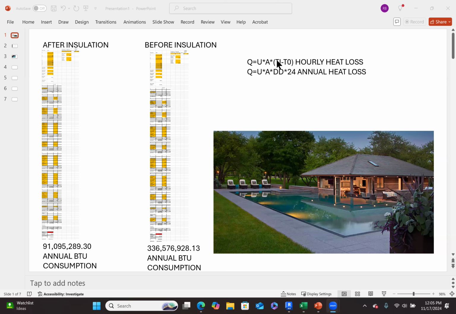And TI is the temperature inside, and TO is the temperature outside. The annual heat loss formula that I used was similar. It's the U value times the area times degree days times 24 to get the annual heat loss.